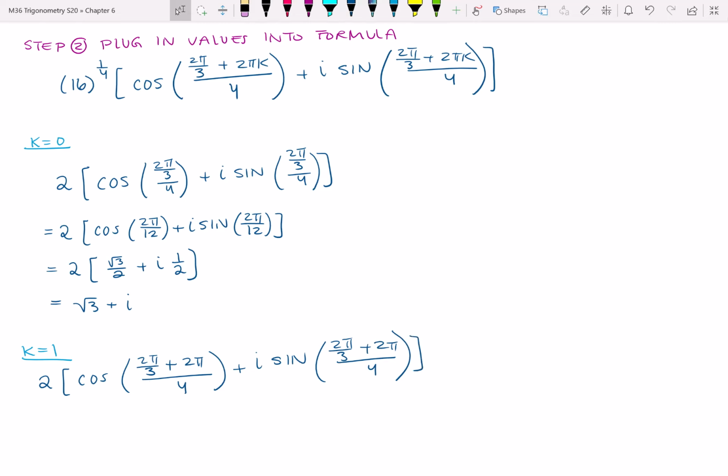This simplifies to 2 pi over 3, which is what I had said originally, so 2 times cosine of 2 pi over 3 plus I sine of 2 pi over 3.